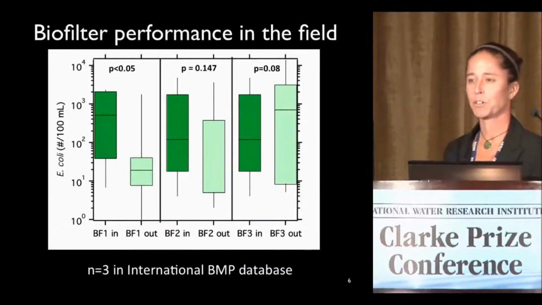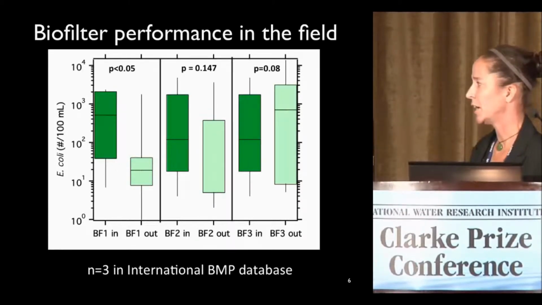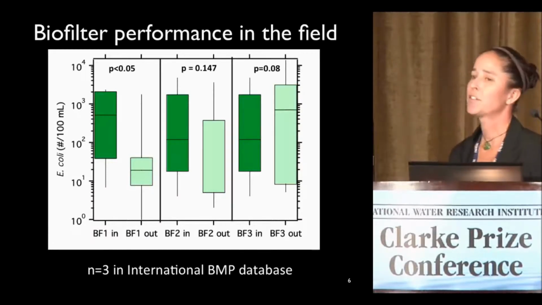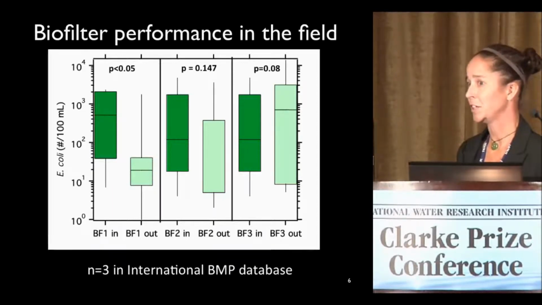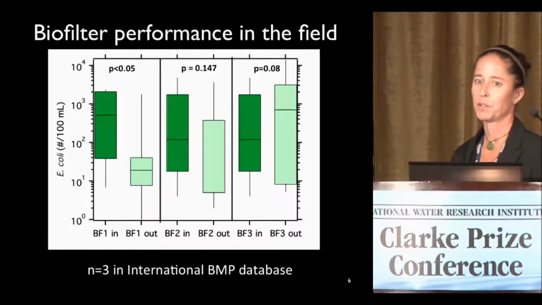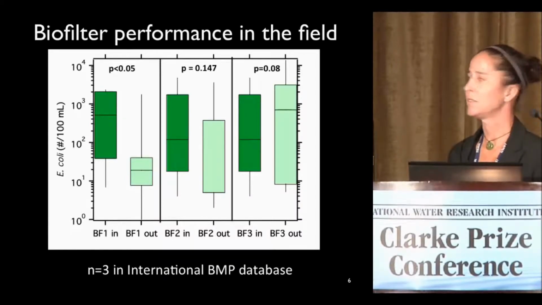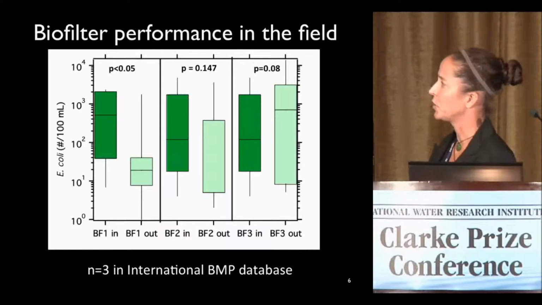If we go to this really great database, it's the International BMP Database put together by Geosyntec and other consulting agencies. They've compiled data from all around the world on the performance of these BMPs in the field. And actually, there are only 3 sets of data available that have evaluated the performance of a biofilter in the field for removal of E. coli bacteria. And so this plot shows a box and whisker plot of what's going into the biofilter versus what's coming out for the 3 different ones, 1, 2, and 3.